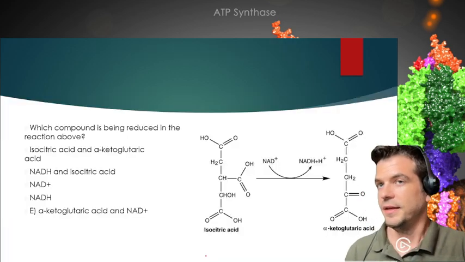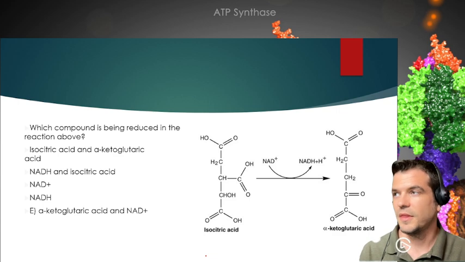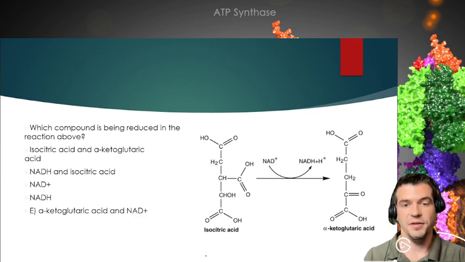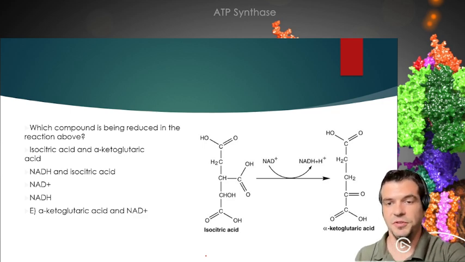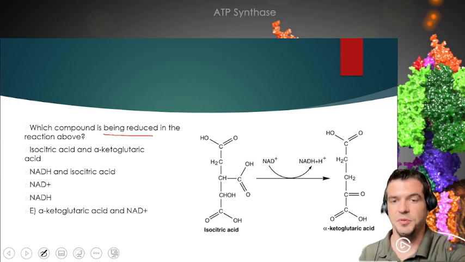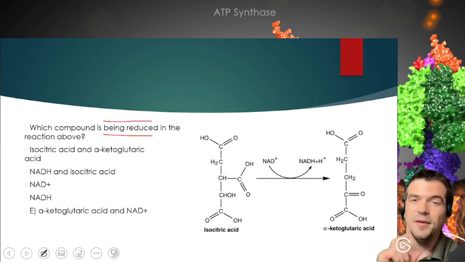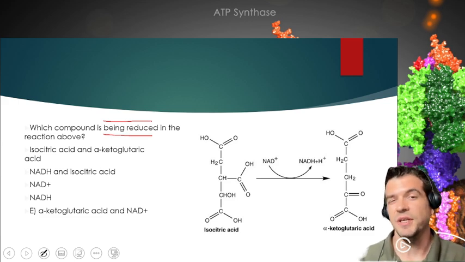So in this example, we have: which compound is being reduced in the reaction above, okay? So first of all, let's look at these questions. Redox questions always have what seems to be a very confusing question, okay?